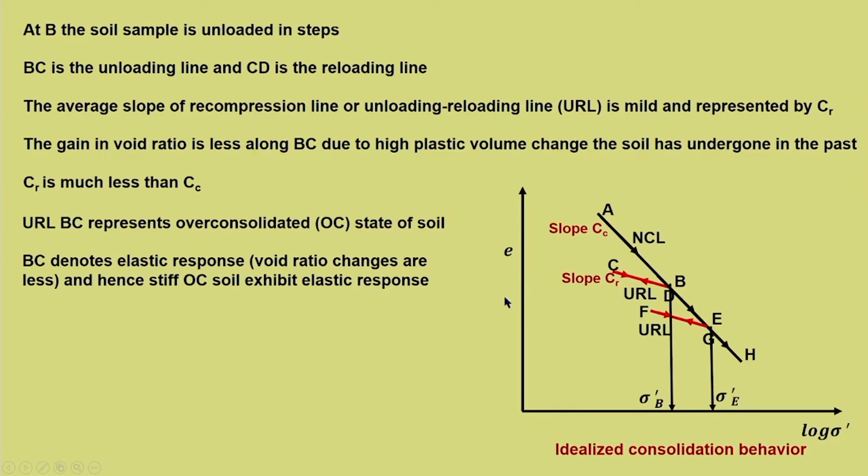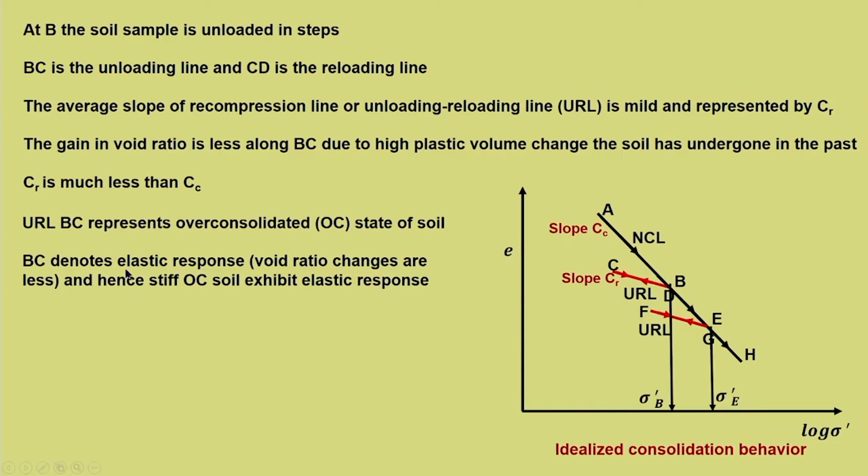Now, because of this, BC is more stiff till it reaches sigma dash B, because it has already been subjected to sigma dash B in the past, and the soil knows that okay, I can withstand sigma dash B. So, up to sigma dash B, any stress which is less than that, soil can take it without any issue.